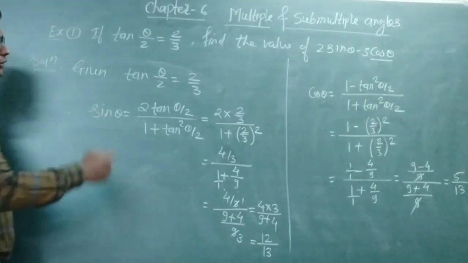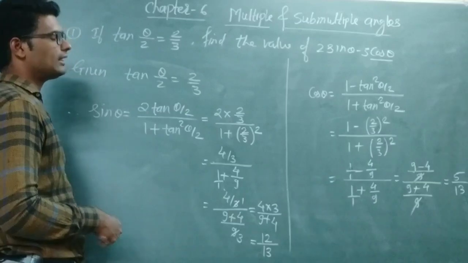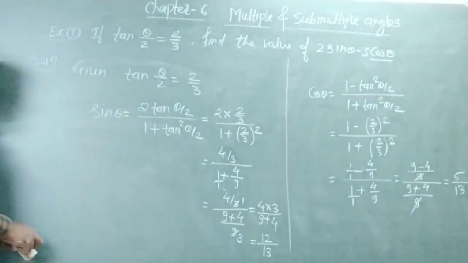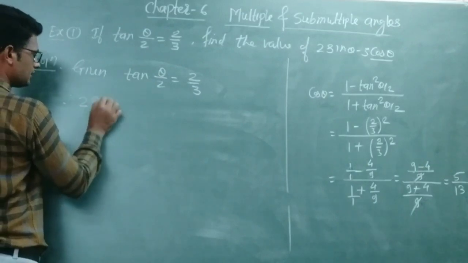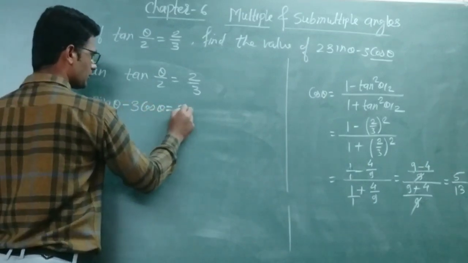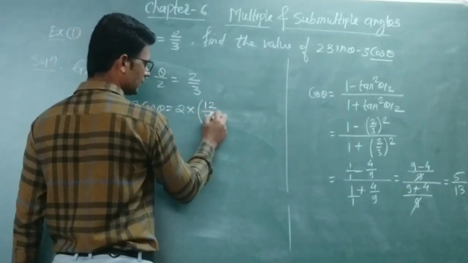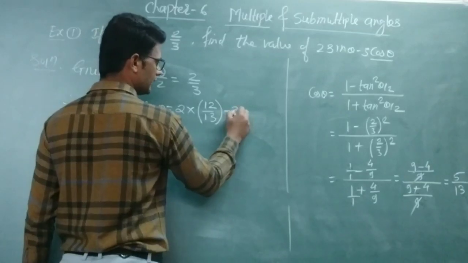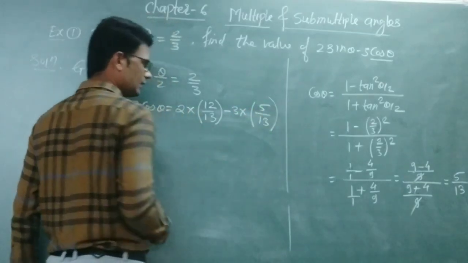Now we will substitute all these values in 2 sin theta minus 3 cos theta, and we will find the solution for this problem. Therefore 2 sin theta minus 3 cos theta is equal to 2 into sin theta, which is 12 by 13, minus 3 into cos theta, which is 5 by 13.